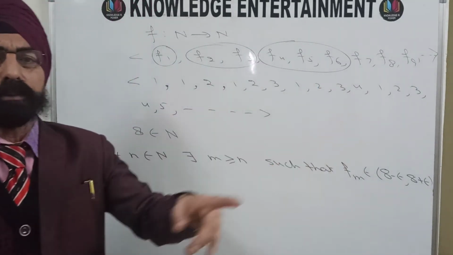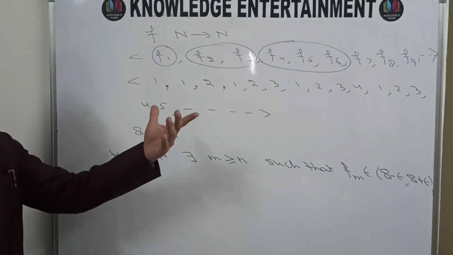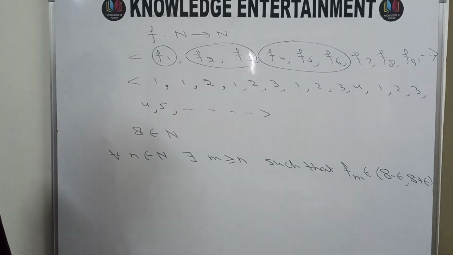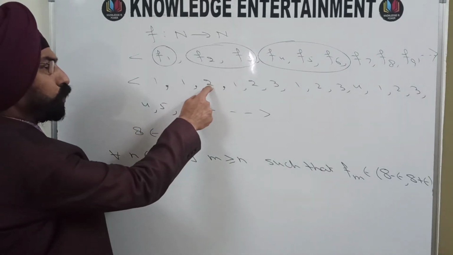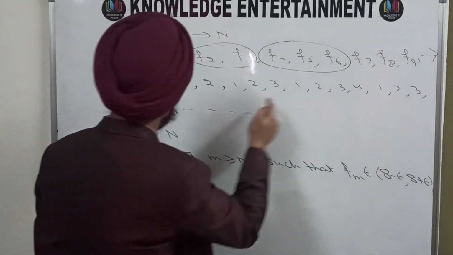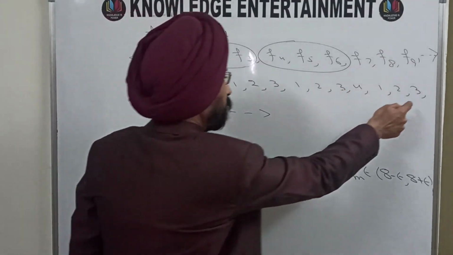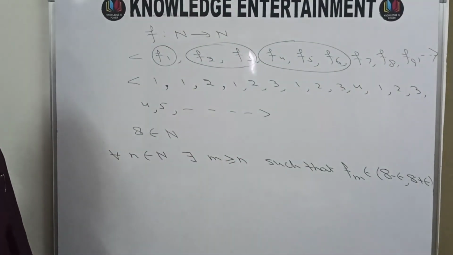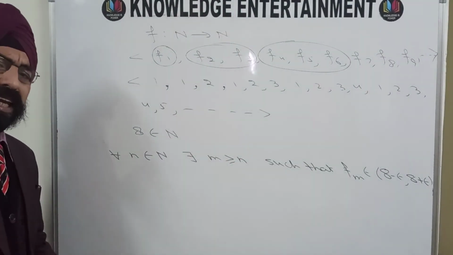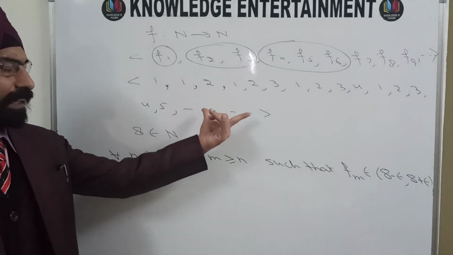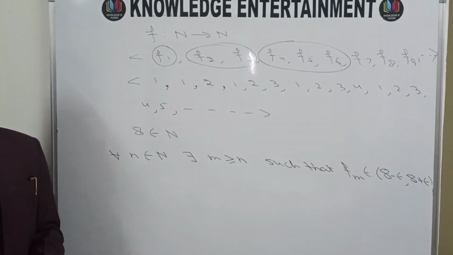So there are infinitely many 1s in the set of images of this net. There are infinitely many 2s, and infinitely many 3s. Similarly, every natural number will exist here in this set of images infinitely many times.